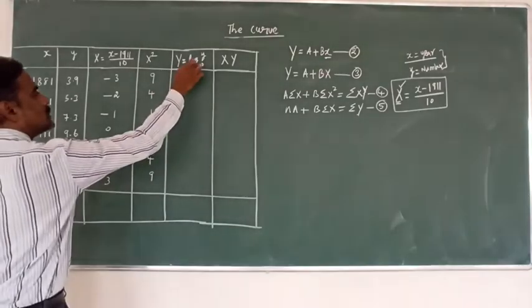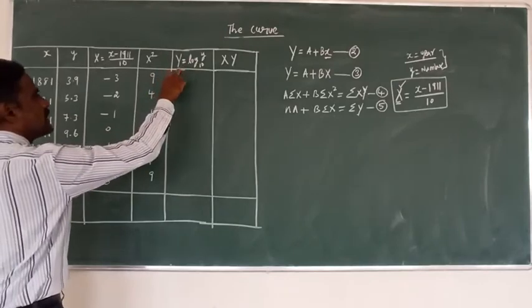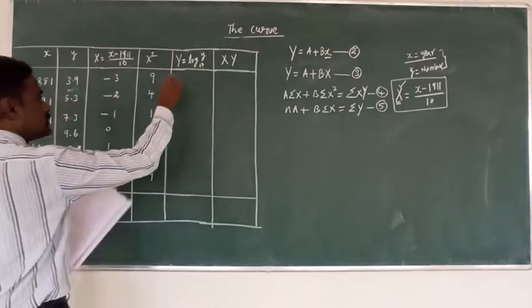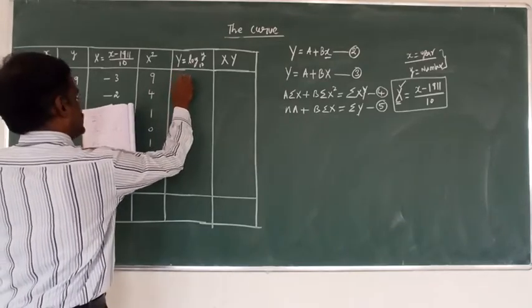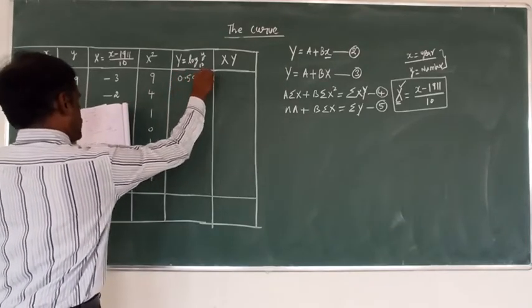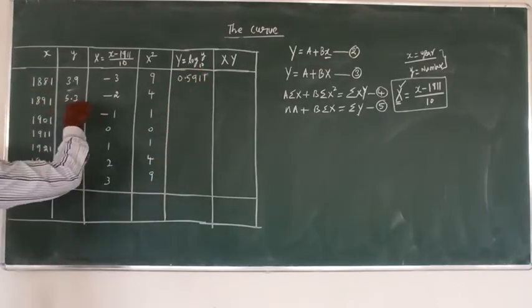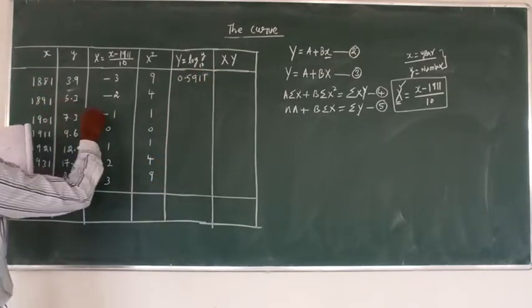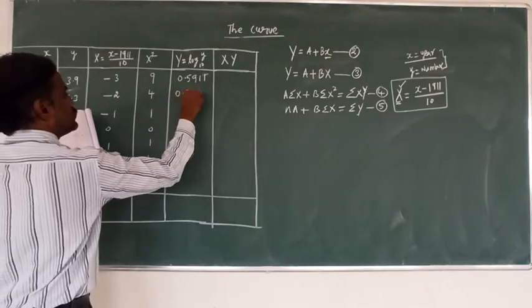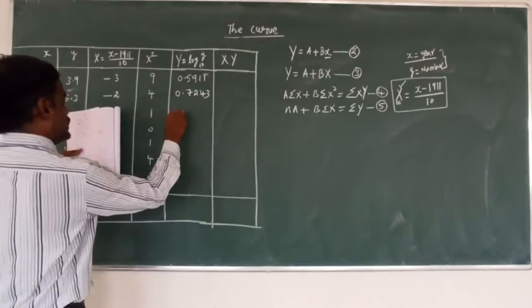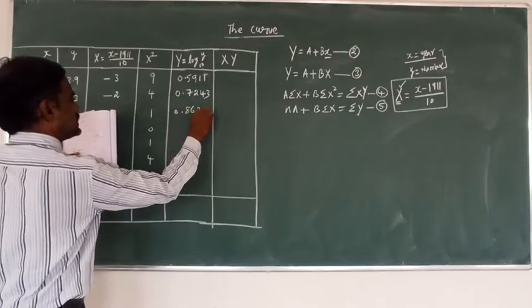Next log, that is capital Y, log of small y. Log 3.9 is 0.5911. Next log 5.3 is 0.7243. Next log 7.3, 0.8633.